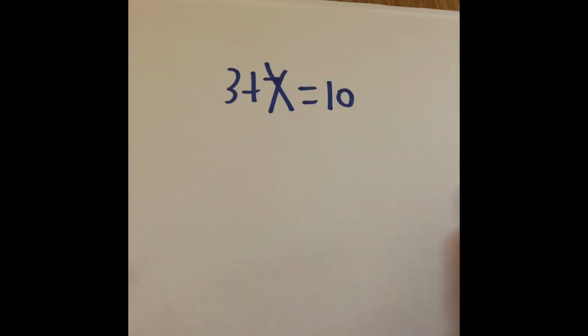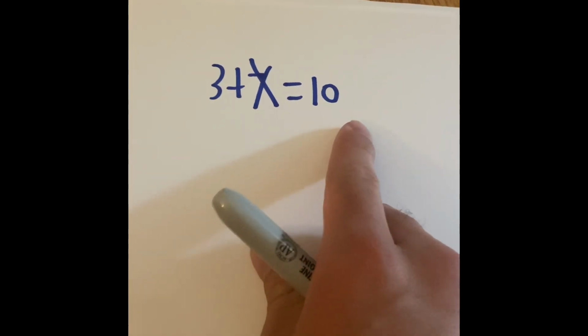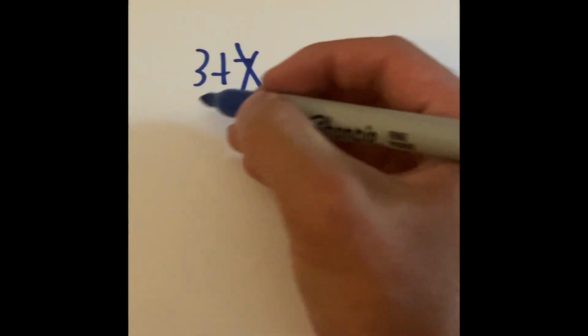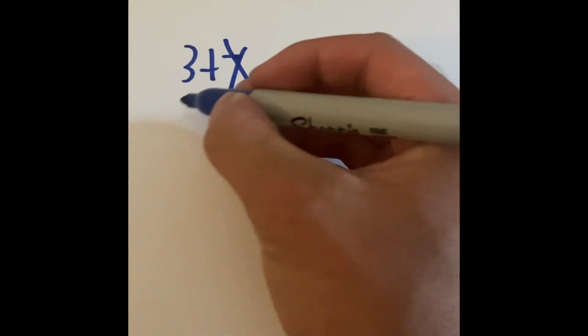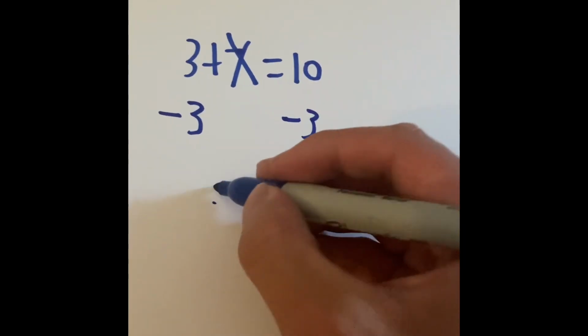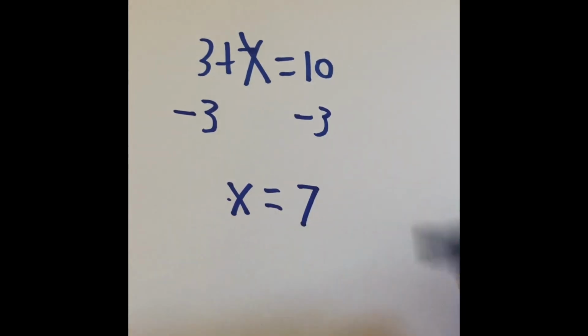Here is what we're trying to say. Having 3 plus whatever number that is equals 10, what happens if we try to get x alone? So 3 plus what equals 10? If I subtract 3 from both sides, we are going to have x equal 10 minus 3, which is 7.